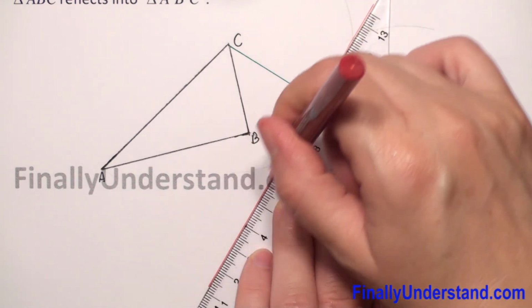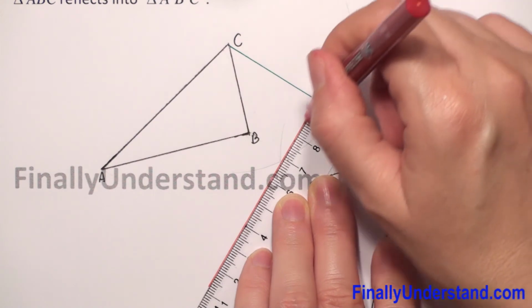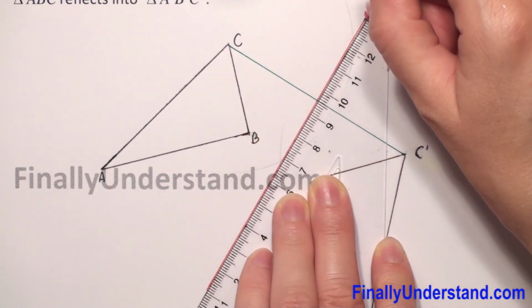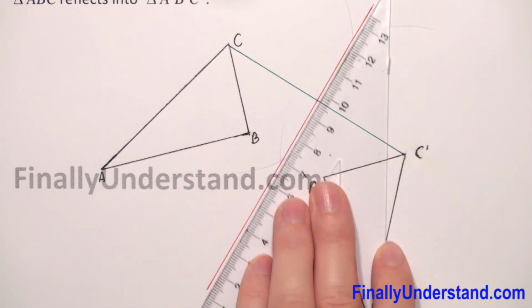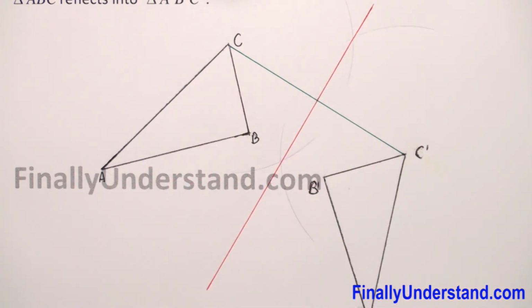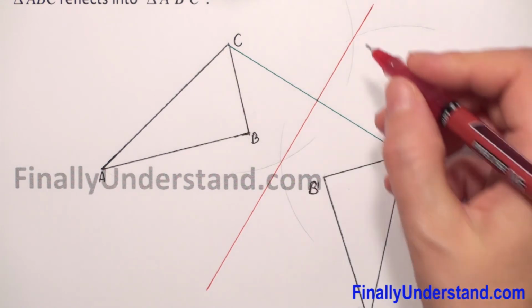So this is our perpendicular bisector of segment CC', and this is our line of reflection.